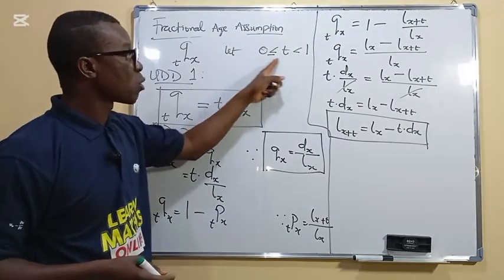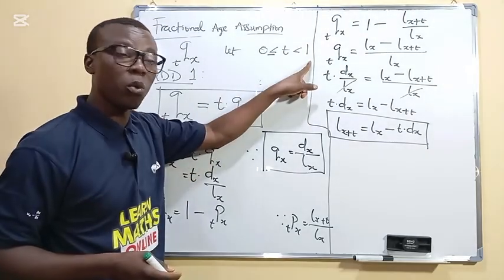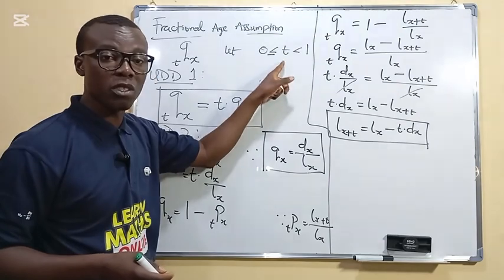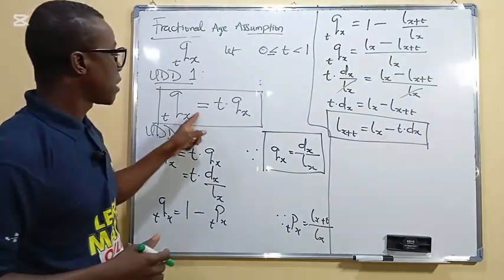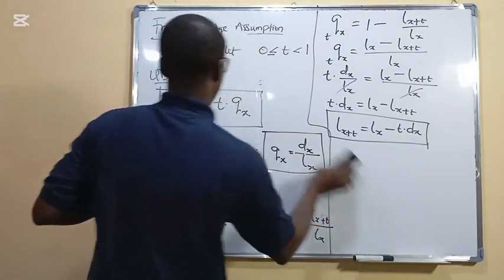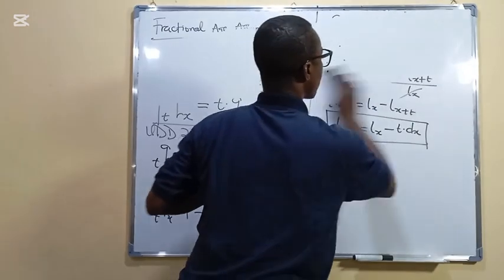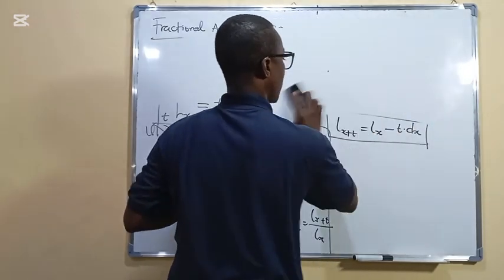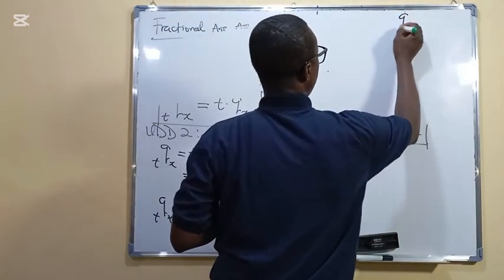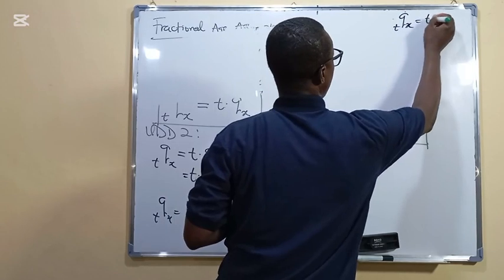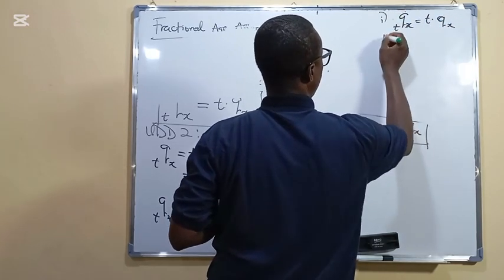But don't forget that is with the condition that t runs from 0 to 1. And of course, as I said, numbers between 0 and 1 are fractions. So now this and this are very important. I'm going to put that somewhere by the side here. So the first, that's qxt is equal to t dot qx. And that's the first thing that we need to know.